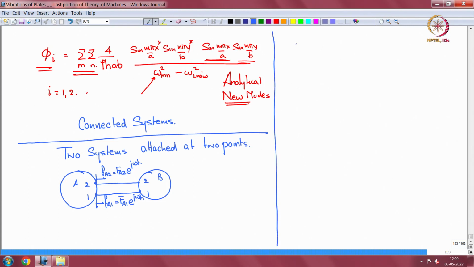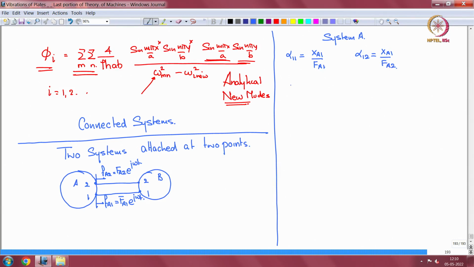So what happens? For system A, alpha 11 is equal to XA1 by FA1, the response at 1 by force at 1. Then we have alpha 12, which is response at 1 by force at 2.